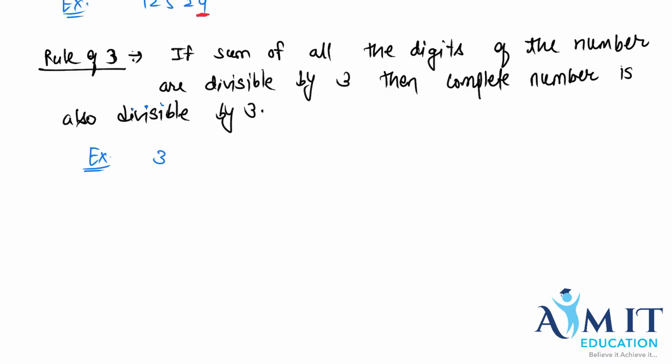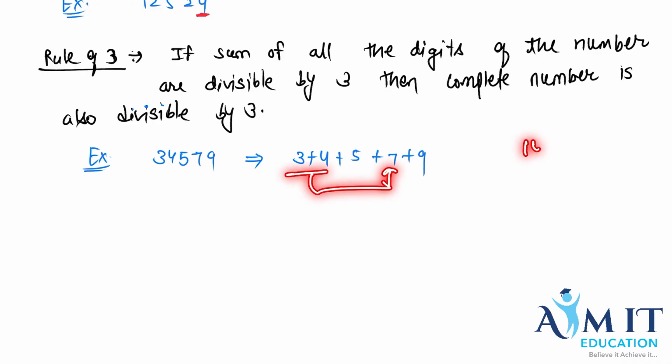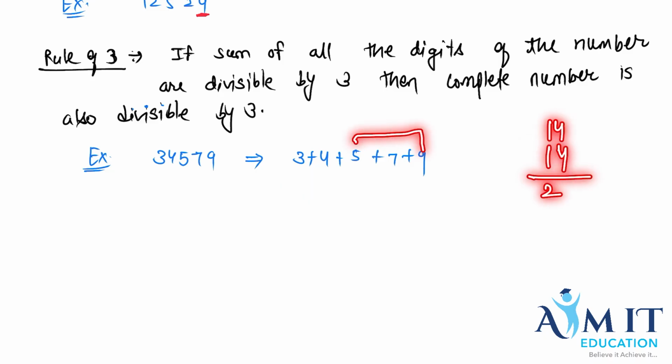Like number is 3 4 5 7 9. Okay, so we have to add all the digits, means 3 plus 4 plus 5 plus 7 plus 9. 4 plus 3 is 7, and 7 plus 7 is 14. Okay, and 5 plus 9, again it is 14. So 14 plus 14 is 28.